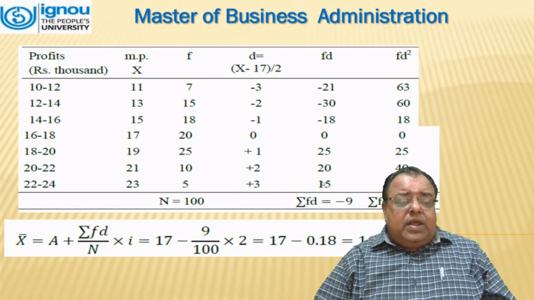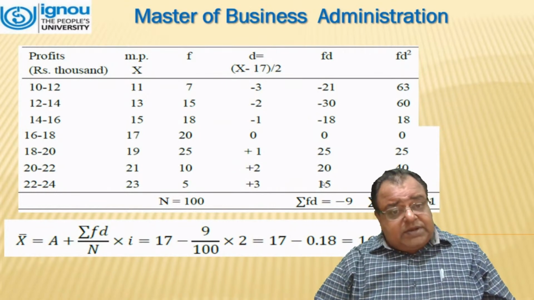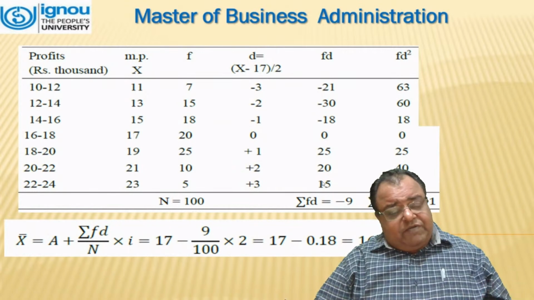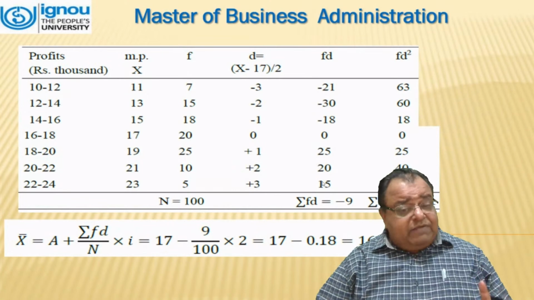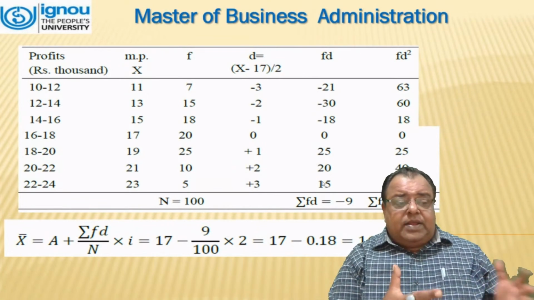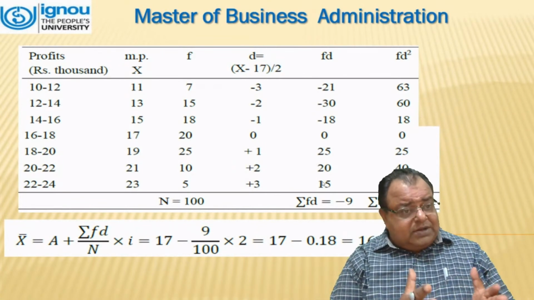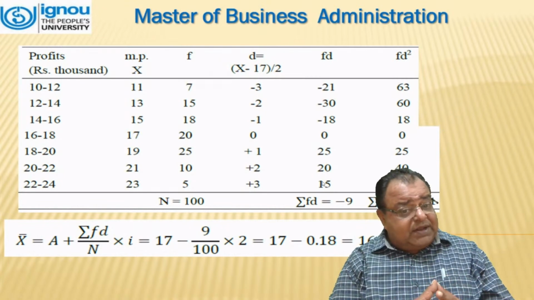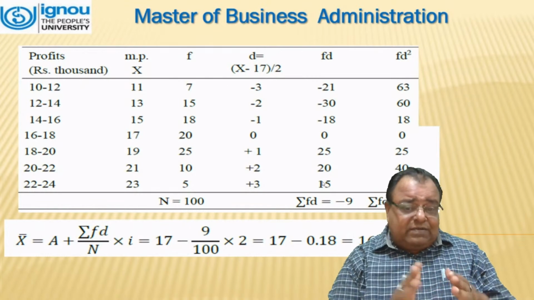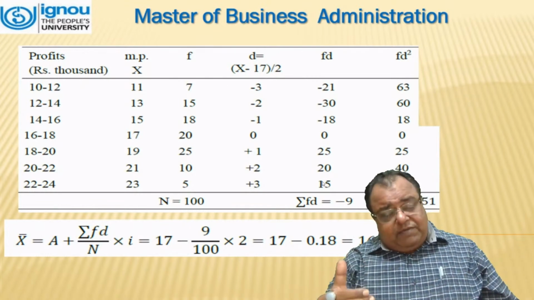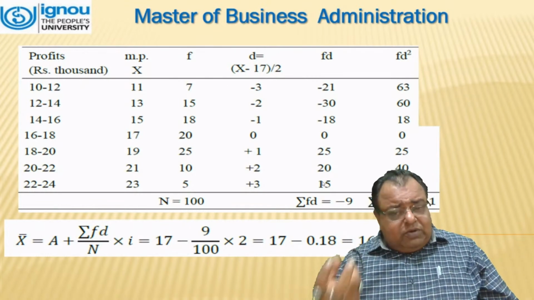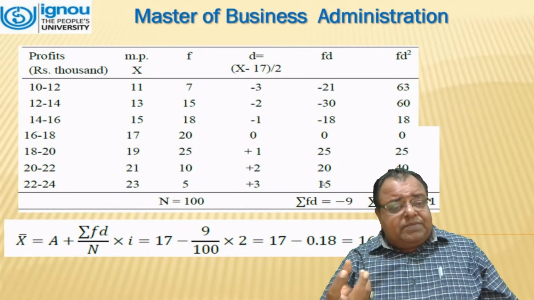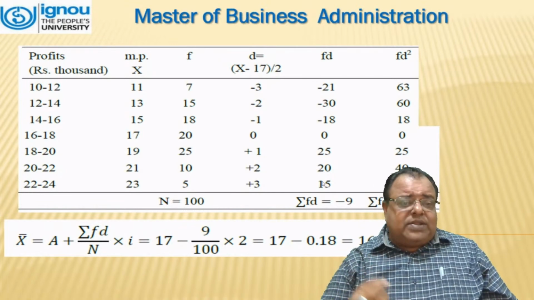We are given the number of companies, that is the frequency: 7, 15, 18, 20, 25, 10, and 5. Here we see that the profit numbers are bigger and the frequency is bigger. In that case, we will be using a different formula. We will be finding a suitable condition to evaluate this problem.